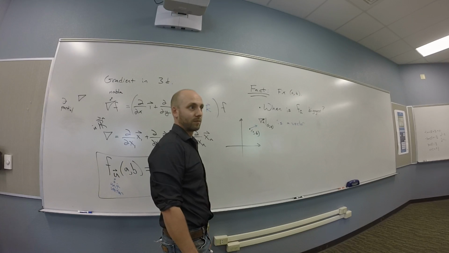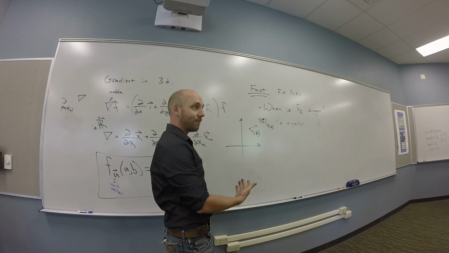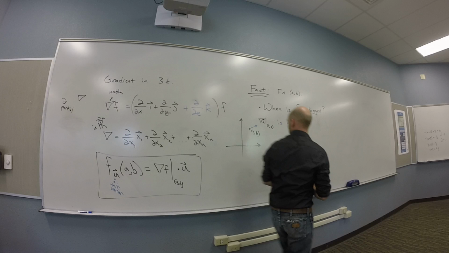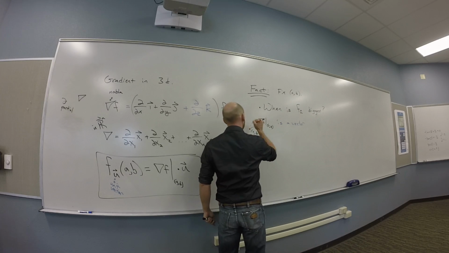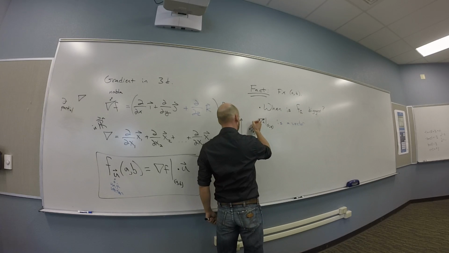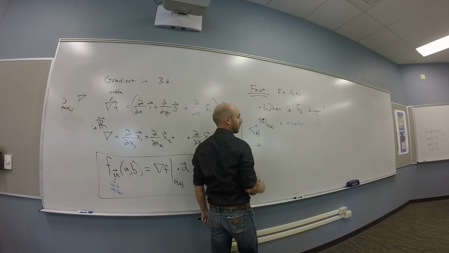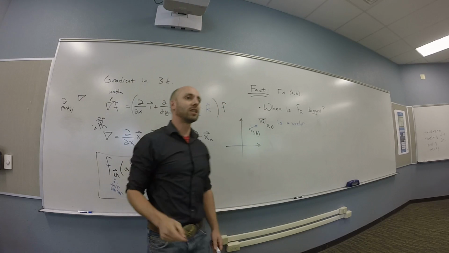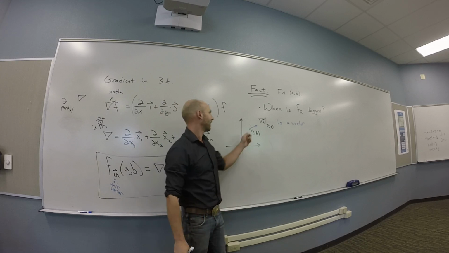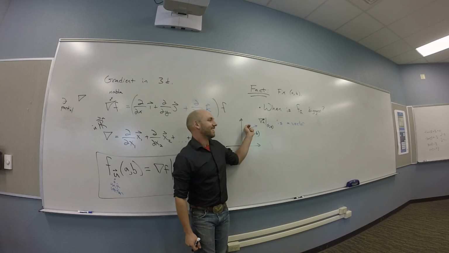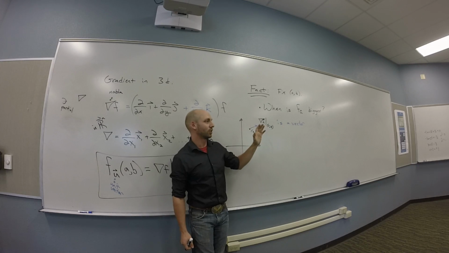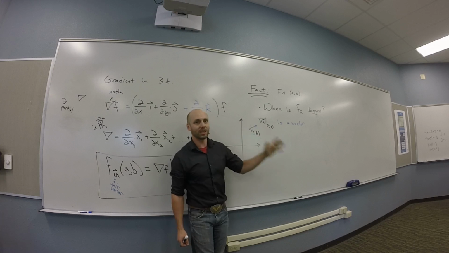Say I had a vector u that I was interested in, the derivative along that direction. How would I actually calculate that?